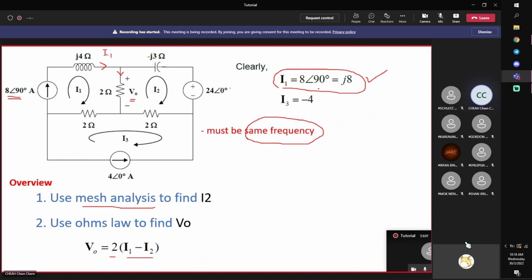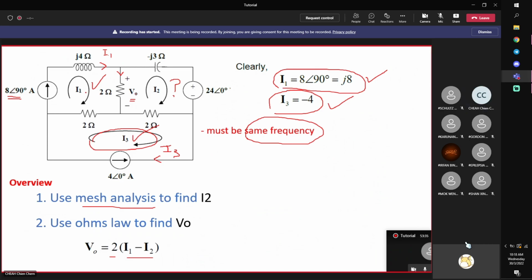And then the next one, I3 is also known. I3 is this one. I3 is -4. So it's also given. The only unknown is I2. So remember that these are known.